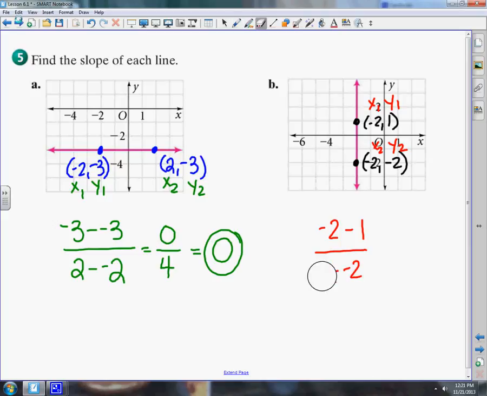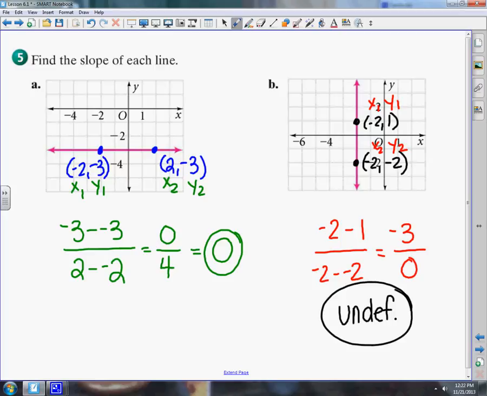So -2 minus 1 is -3, and -2 plus 2 is 0. Now, if the 0 is in the denominator, your slope is known as undefined. It's not possible. You can't have any slope. So this is a straight up and down, a straight vertical line. It has absolutely no slope.